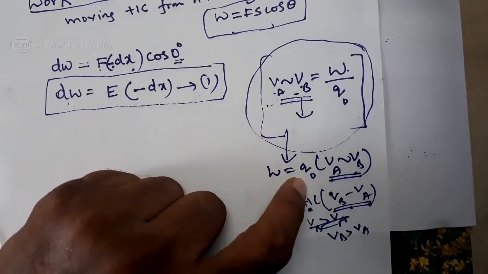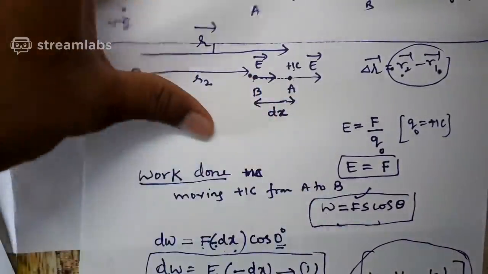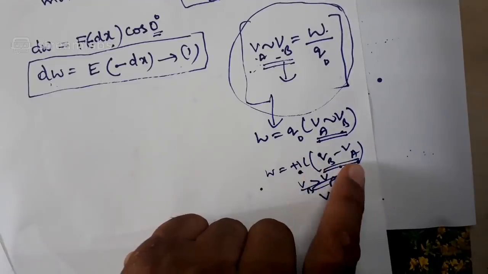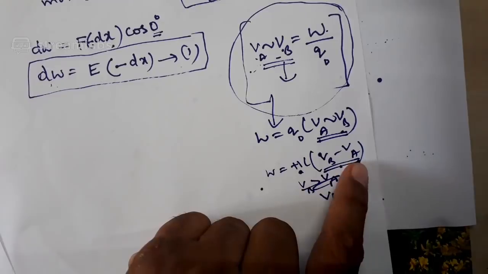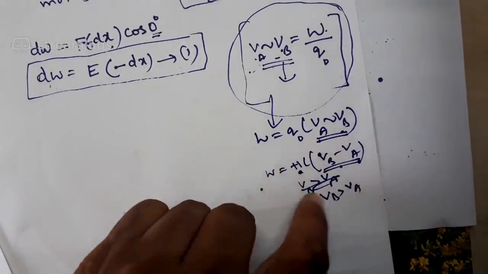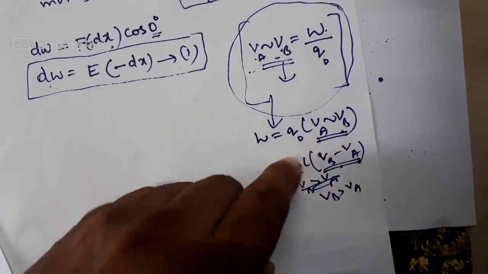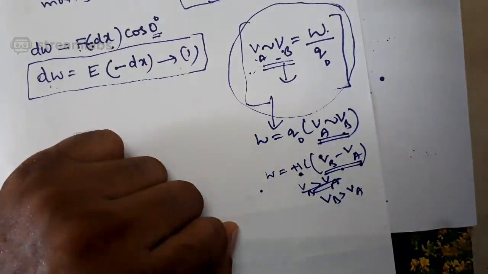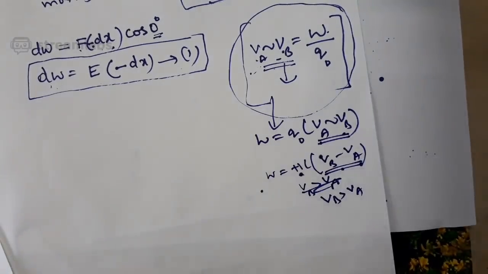When you move a plus 1 coulomb charge from A to B, it should be written as potential at the final position minus potential at the initial position. It is always written like that. If you find that work done is positive, it indicates that work is done against the electrostatic force. If you find that work done is negative, it indicates that work is done by the electrostatic force.